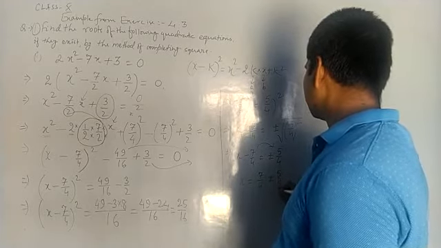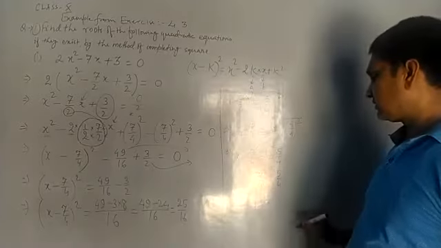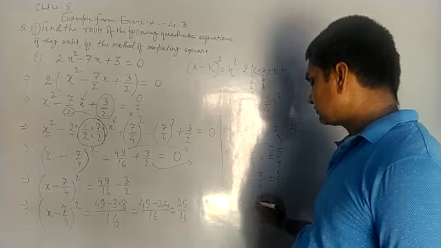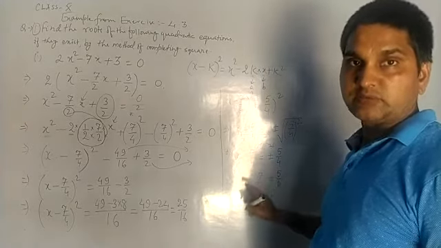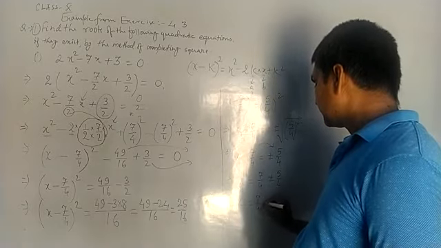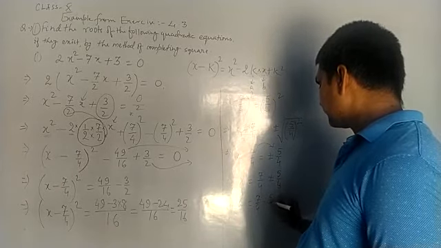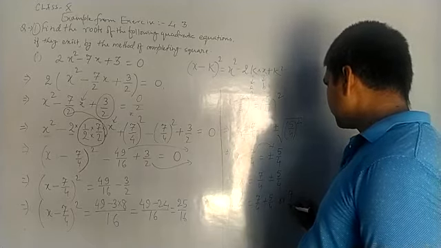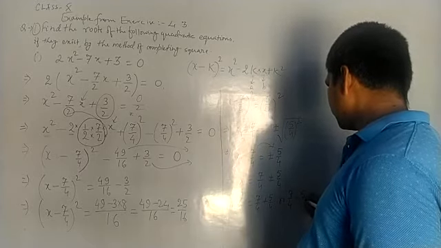Therefore x has two values, one with positive sign, one with negative sign: 7 by 4 plus 5 by 4 or 7 by 4 minus 5 by 4.